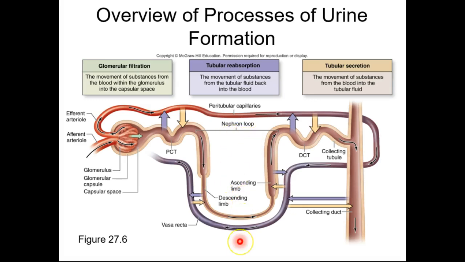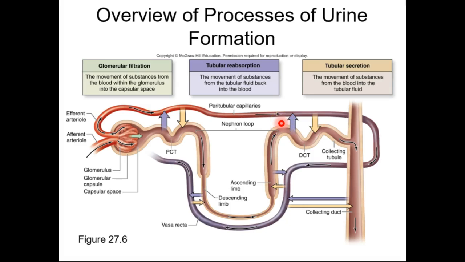So we're setting up a salt gradient is really what we're doing here. We're going to make it salty, saltier, or saltiest as we get further and further into that renal medulla. And that's going to mean that anytime water can be reabsorbed, water's going to want to reabsorb. Water's going to want to go towards that salt. So it also means that over the course of this nephron loop, we're going to further concentrate urine.